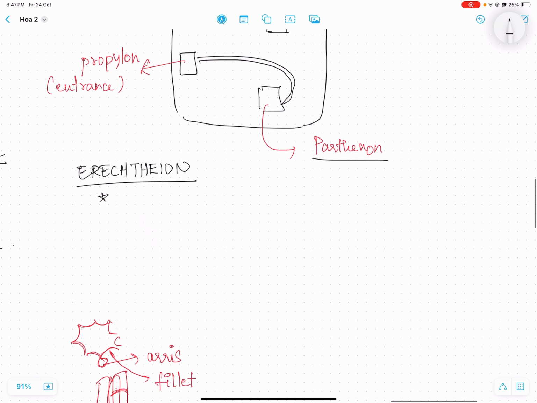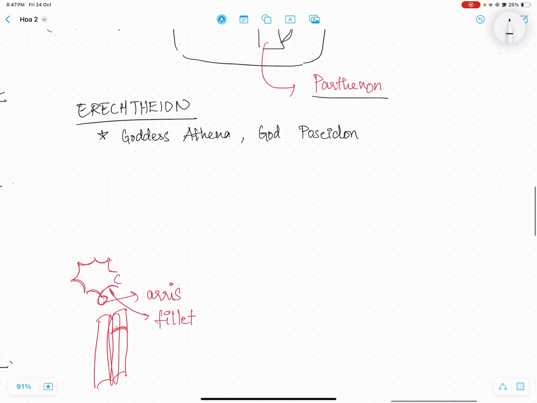So the Erechtheion was built for goddess Athena and god Poseidon, and the Erechtheion is also said to be featuring something called caryatids. So what are caryatids?